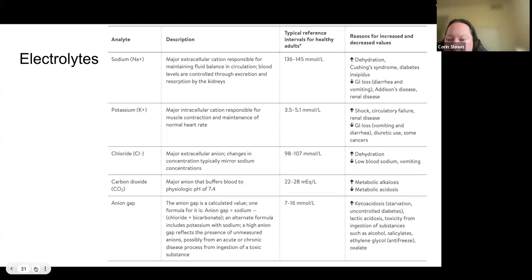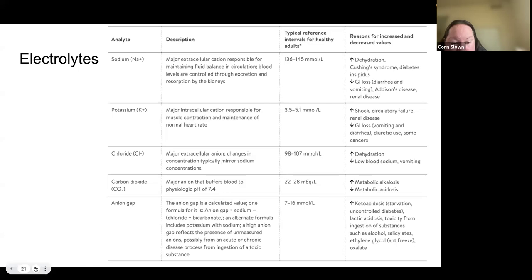So you'll notice that there are ways of increasing this through alkalosis and ways of decreasing this through acidosis. And again, that's entirely dependent upon the pH of the blood.